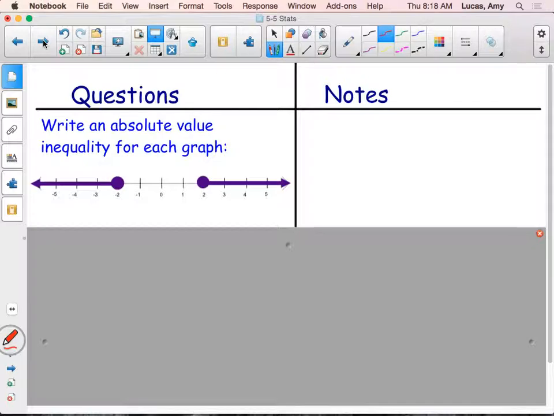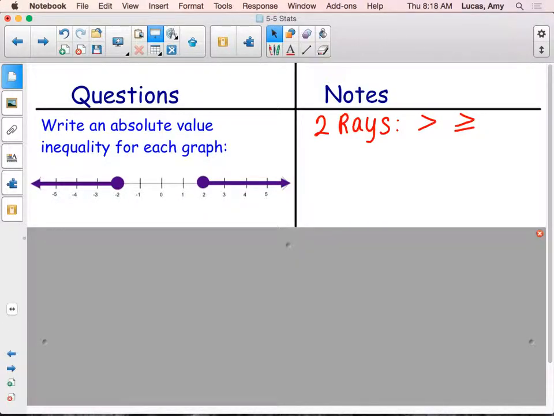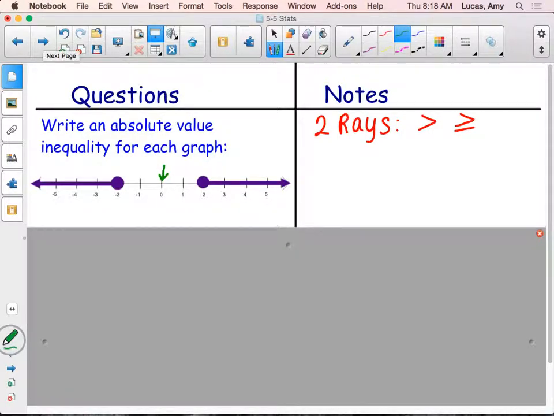Now we have 2 rays. So I'd like to remind you that 2 rays means that we will have a greater than or equal to absolute value inequality. My midpoint on this one is 0 because it's in the middle of the 2 rays. So midpoint is 0, and then the distance away from 0 is 2.